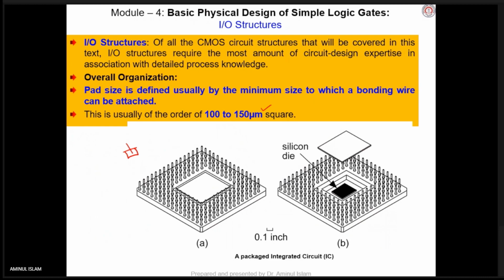See, your core will be there inside, where your main computation is going to occur, arithmetic logic unit, etc. But the chip, say a processor, has to communicate with other chips, other peripheral chips, and that can be done through some pin.